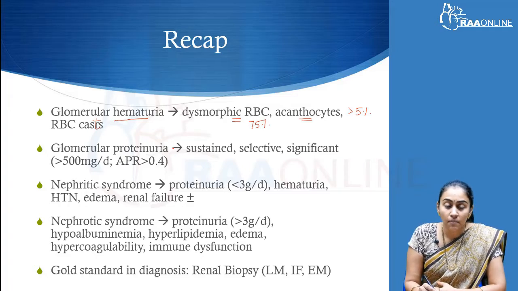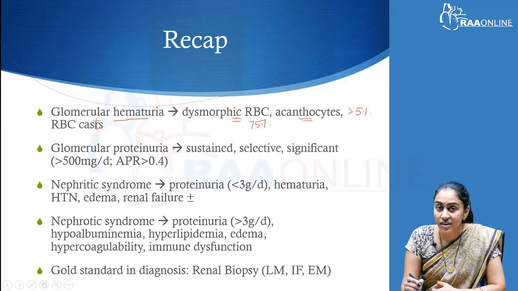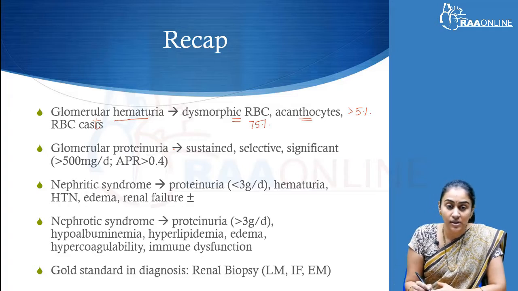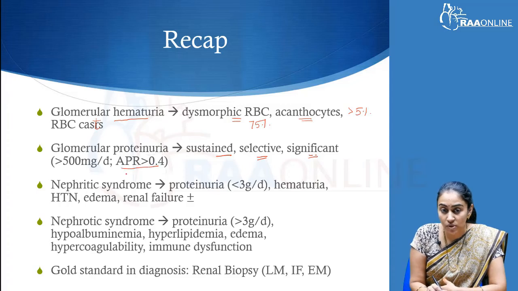And then we have something called glomerular proteinuria. Proteinuria, as we saw during our earlier session, can be tubular, overflow, or secretory proteinuria, seen often following obstructive kidney diseases. Glomerular proteinuria is a sustained, selective, significant proteinuria. When I say sustained, it's not transient, it is present consistently. When I say selective, I mean that a large proportion of the proteinuria is albumin.